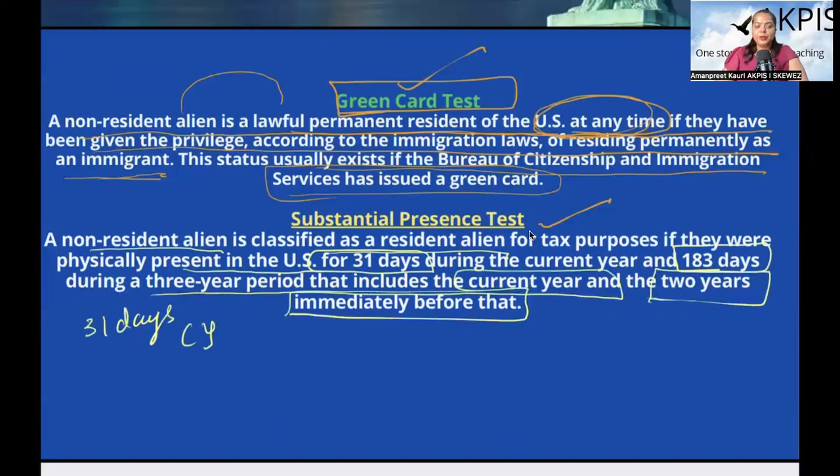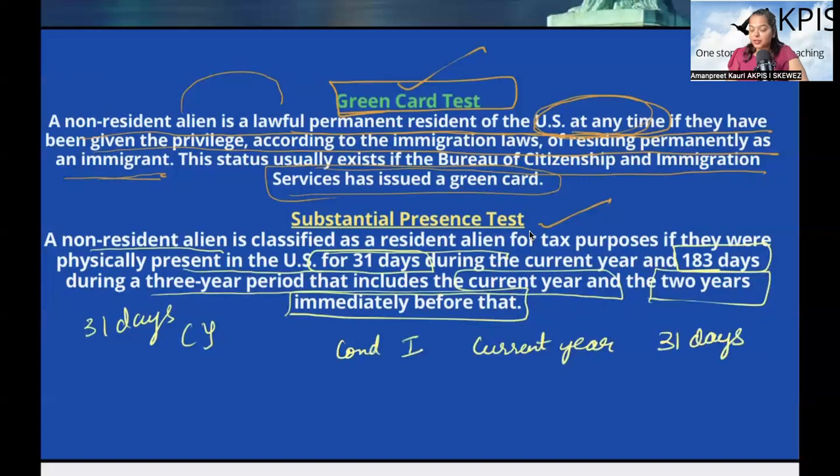So in the current year, you are there in the United States for how many days? 31 days. But this is condition number 1.